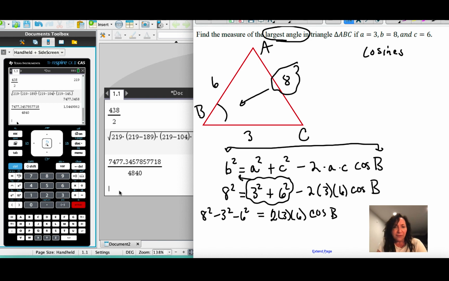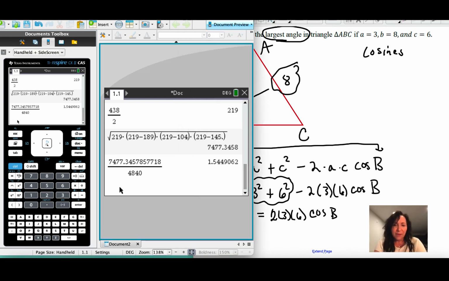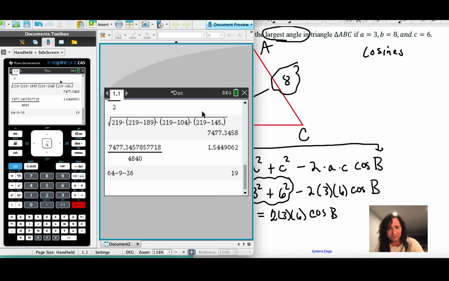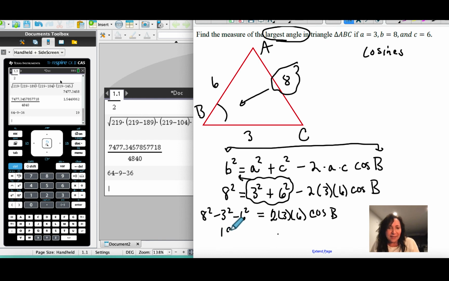On the left, I've got 64 minus 9 minus 36, and I get 19. 19 is equal to 2 times 3, which is 6, 6 times 6 is 36.